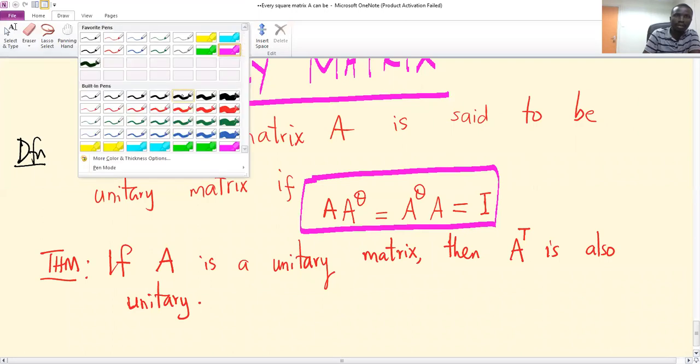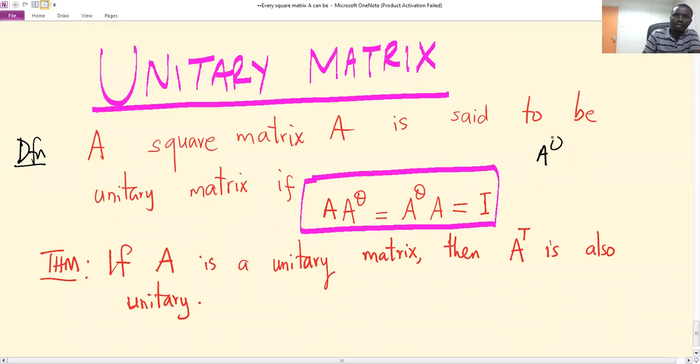And remember, A power theta is the same as the transpose of the conjugate of the matrix A. That's the definition.